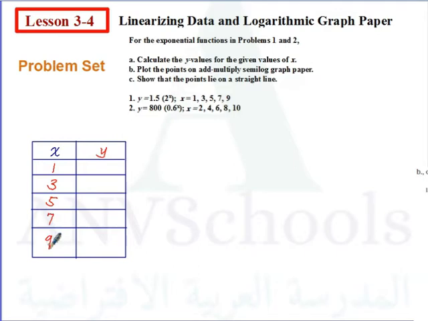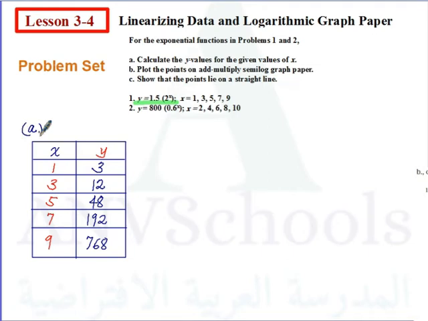For the function y equals 1.5 times 2 raised to x, if my x is 1, then y is 3, and then 12, and then 48, and then 192, and then 768. Okay, this is for letter A. So we did letter A.